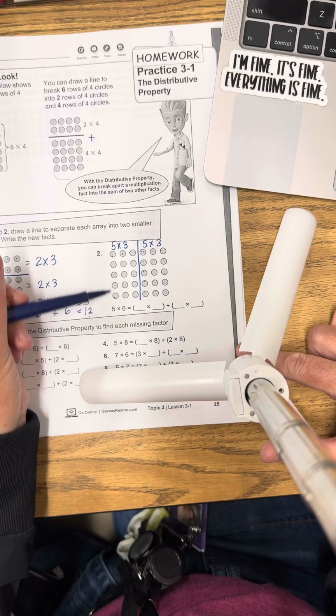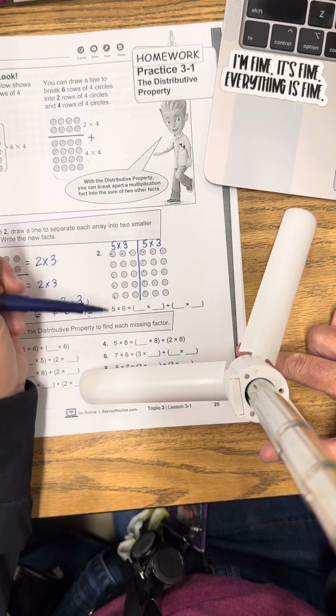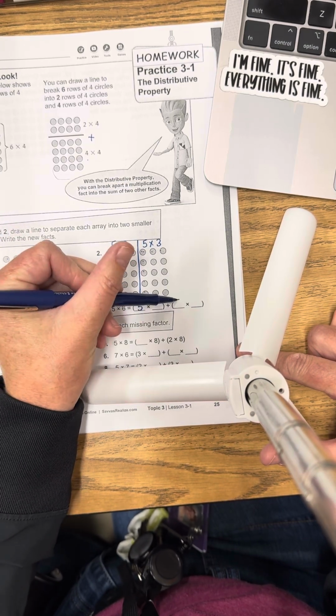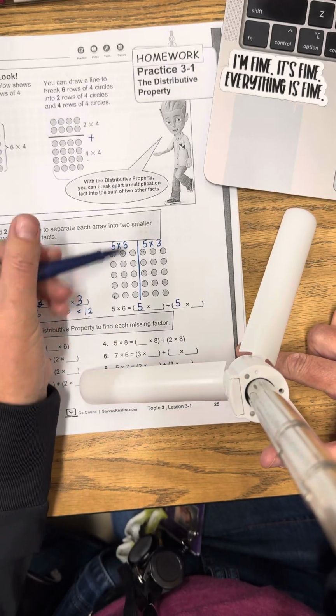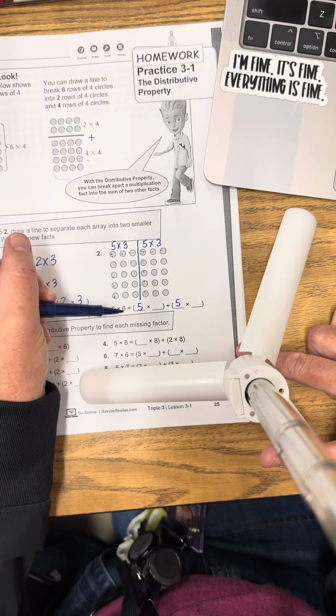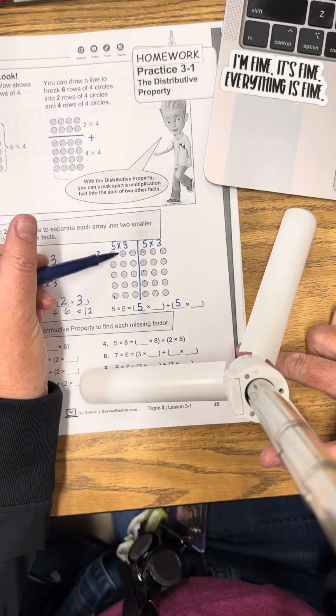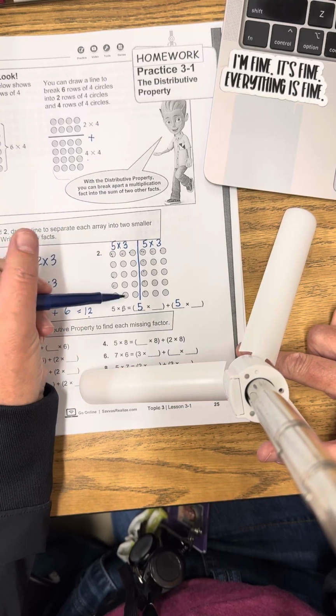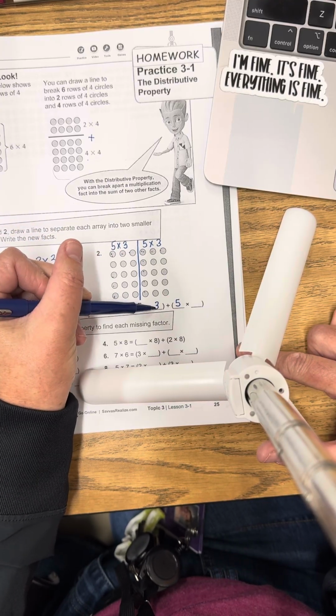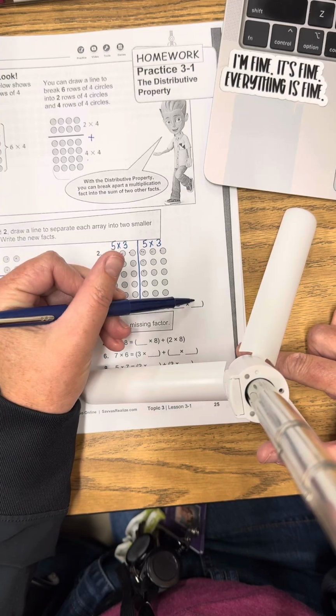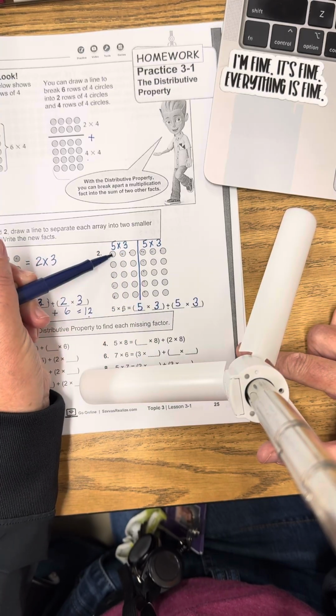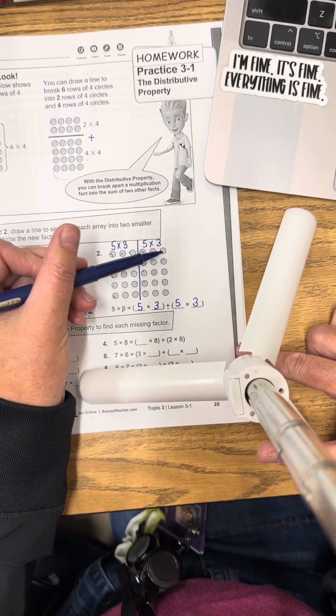My 5 rows did not change, so I keep that in both equations. Then the 6 did change. I split it into a 3 plus 3 equation. So my first 3 goes here, here's the plus sign, and the second 3 goes here. 3 in the first array, 3 in the second array.